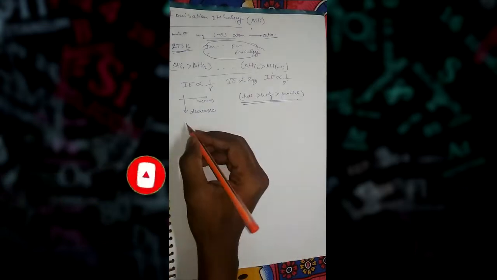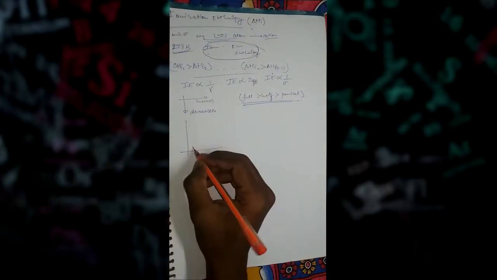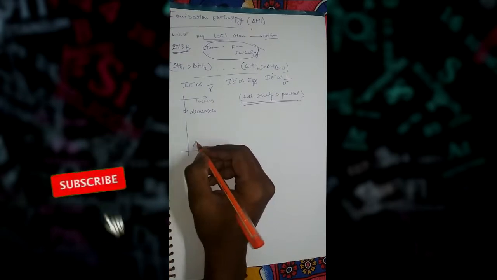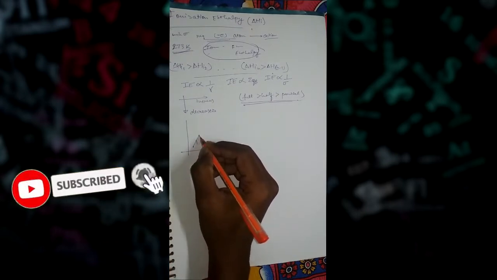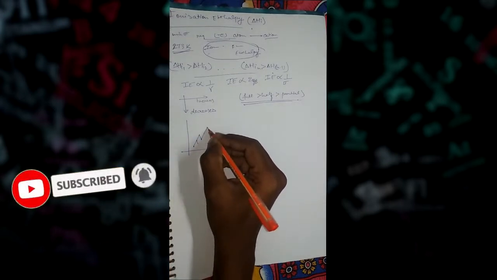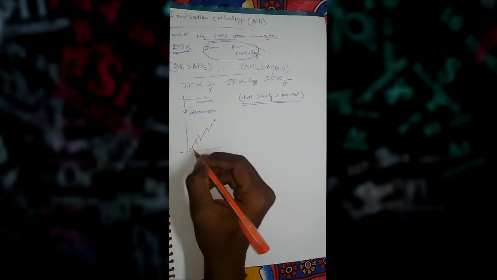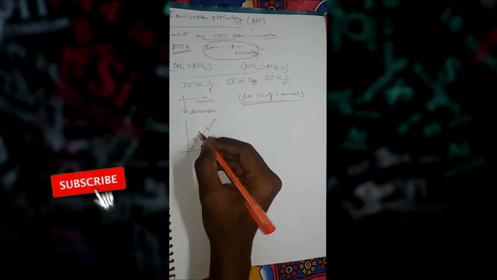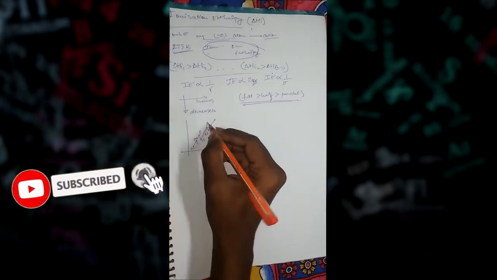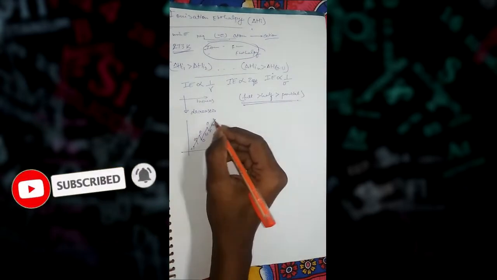Now for period 2 and 3, you can solve questions by this graph. This is lithium, beryllium, boron, carbon, nitrogen, oxygen, fluorine, neon.